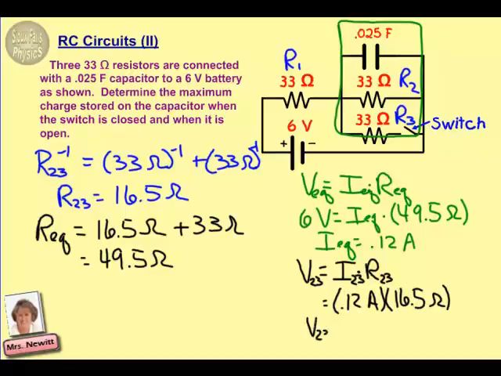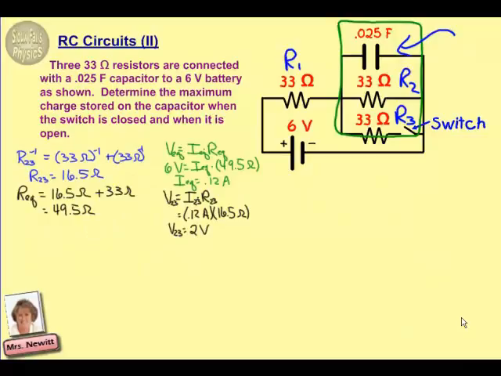That leads us to the fact that this voltage is 2 volts. Notice that that makes sense because this portion of the circuit here containing resistors 2 and 3 has a lower overall resistance and therefore needs a lesser amount of the total voltage available.